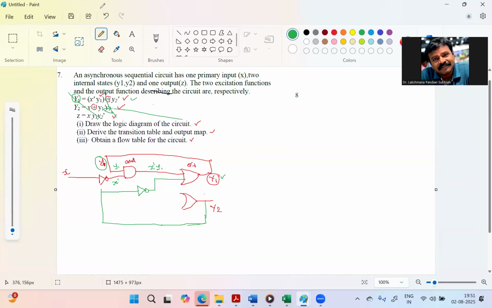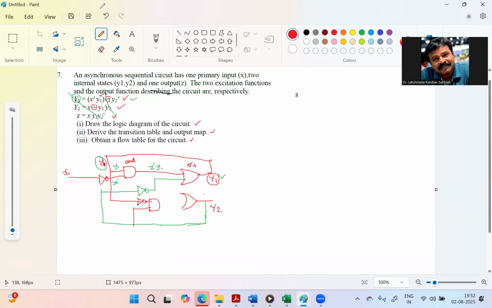For y1 dash, you take y1 from the feedback tap and invert it, giving y1 dash as one input, and you take y2 from its path, then connect both to an AND gate.